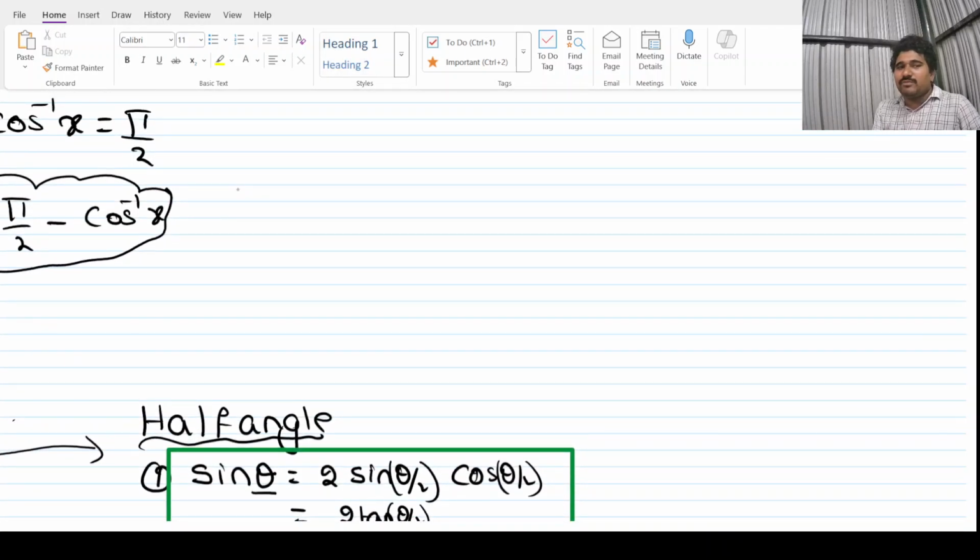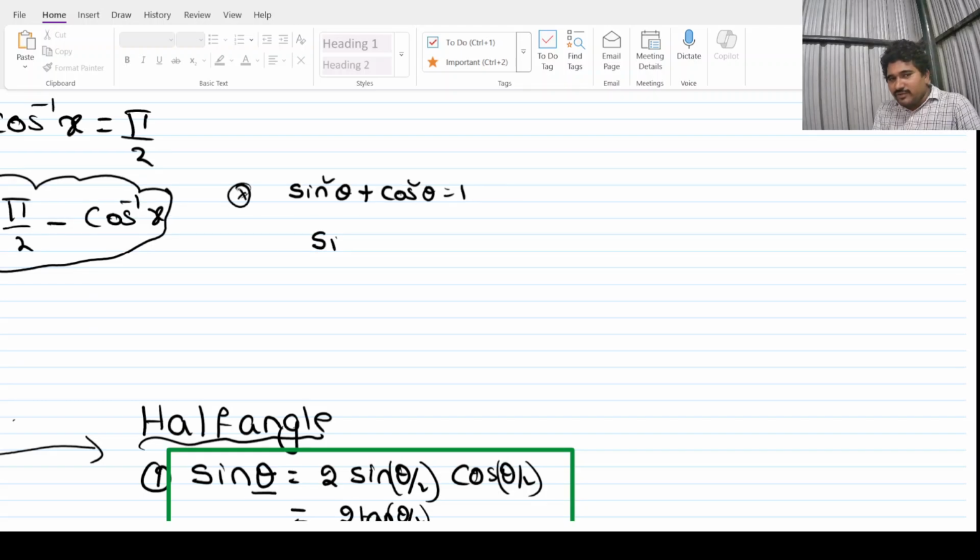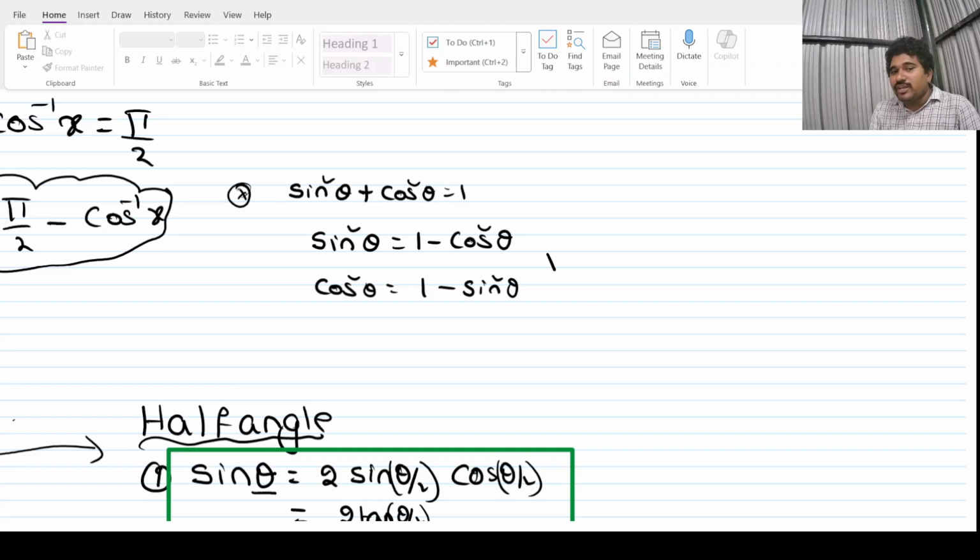Those three formulas also, let me recollect once: sin square theta plus cos square theta. Remember, whenever you see 1 minus cos square theta or 1 minus sin square theta, observe inside the root; sometimes you will get 1 minus x square.